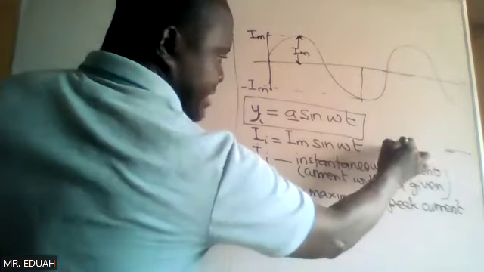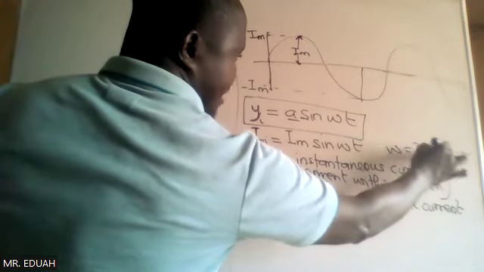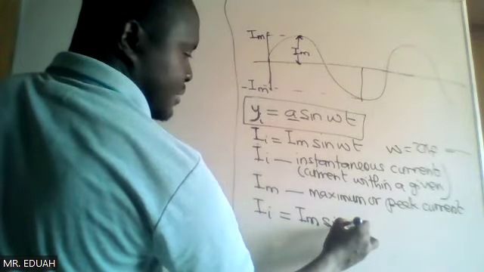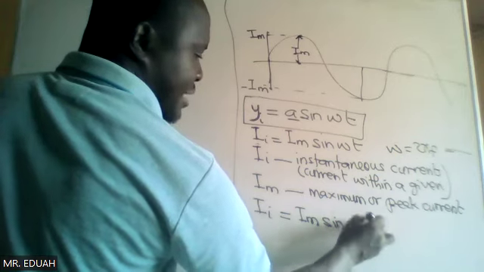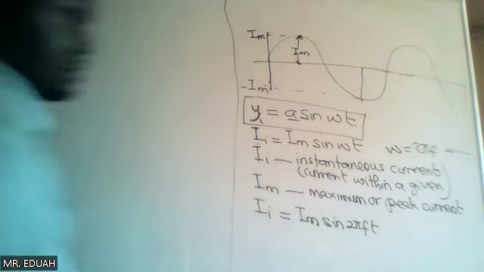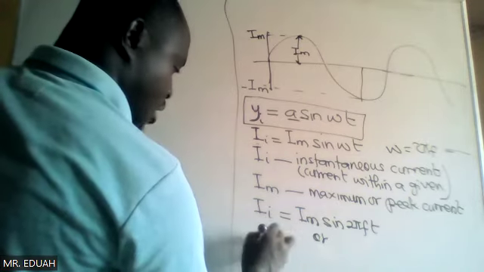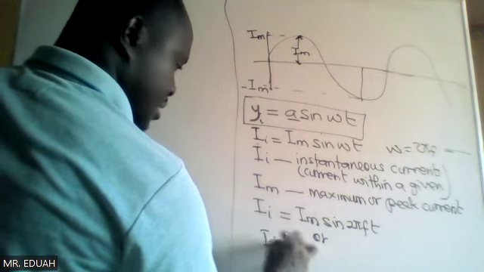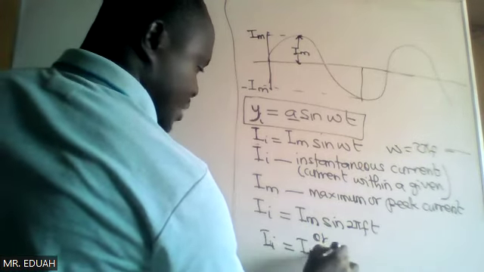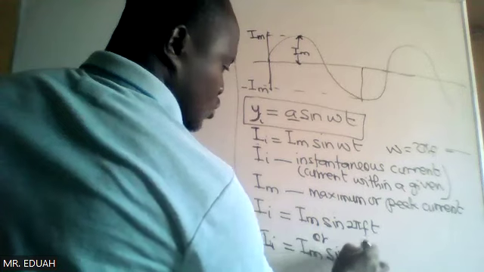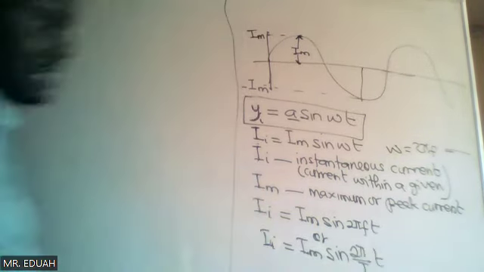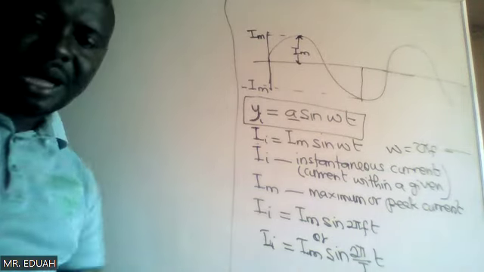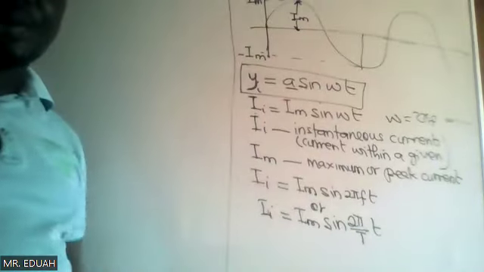Because omega is equal to 2 pi f, we can also write it as I_M sine 2 pi f t, or I_M sine 2 pi over T times t, as the instantaneous current.